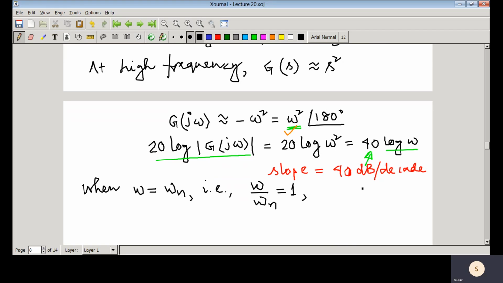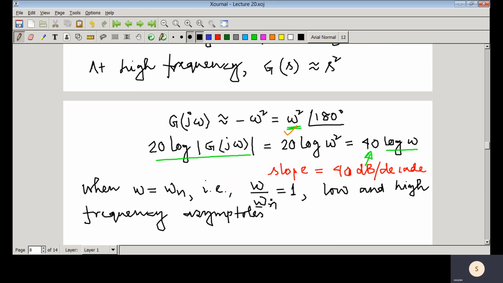So that means here we can write that low and high frequency asymptotes are same.